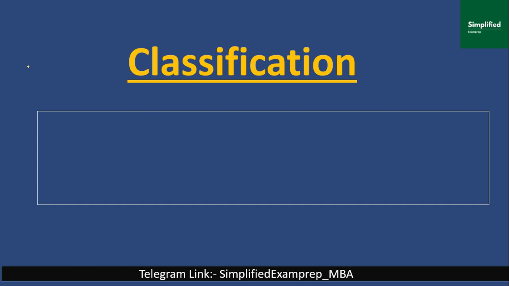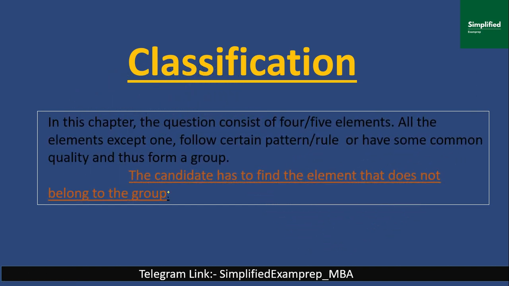Okay, so in classification, the question consists of 4 or 5 elements. All the elements except one follow a certain pattern or rule or have some common quality and thus form a group. What you have to do is find that one element that does not belong to the group.